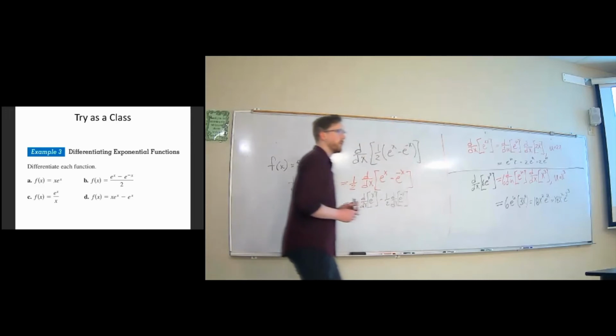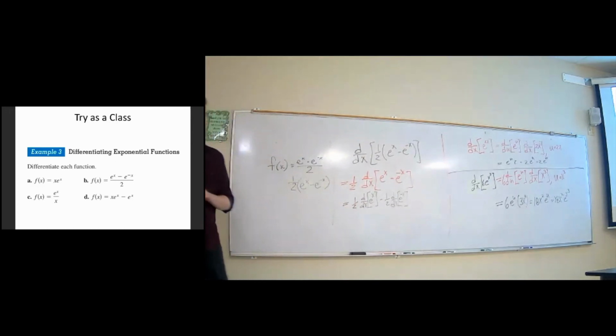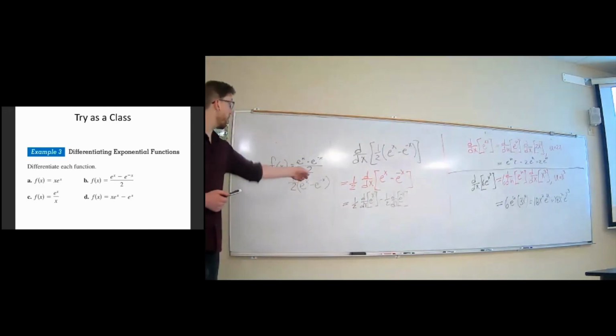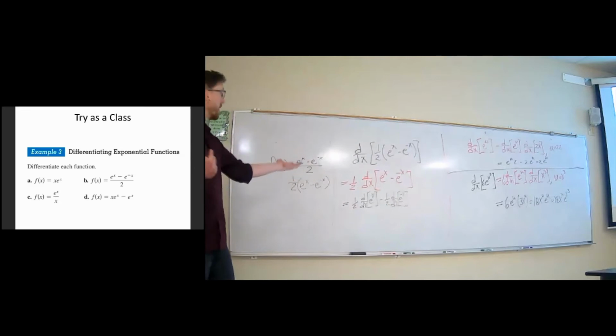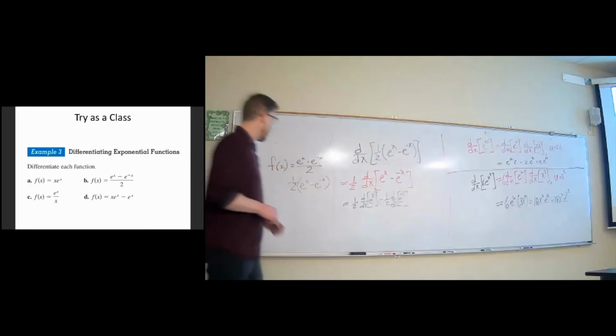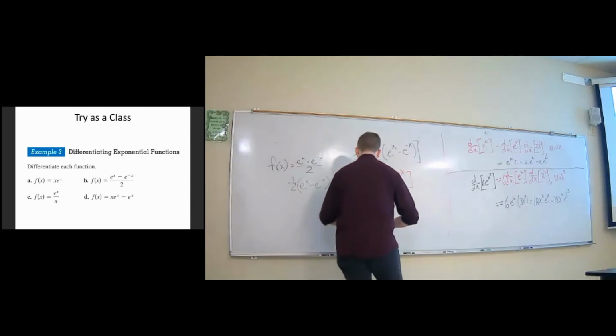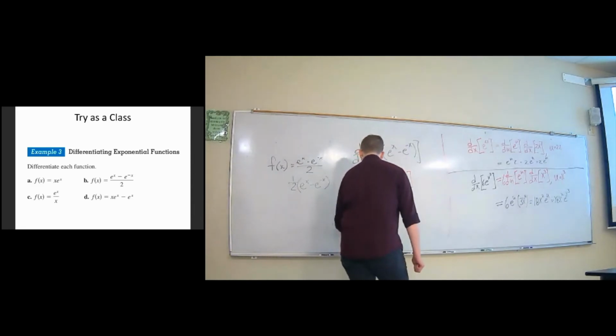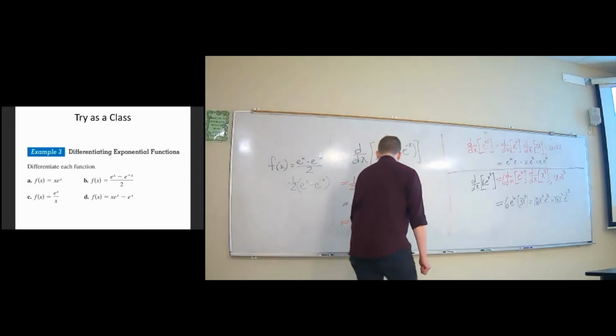Now do you see it? Well, the first one's pretty straightforward, right? It's just going to be e to the x. Agreed? Let's go ahead and write that. Equals 1/2 e to the x minus 1/2 d dx e to the negative x.